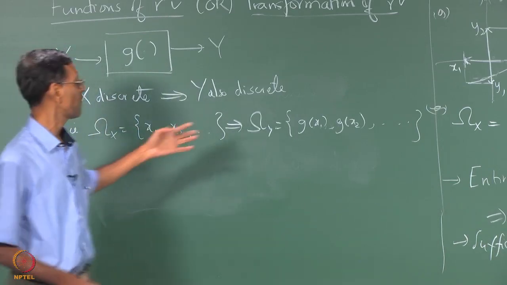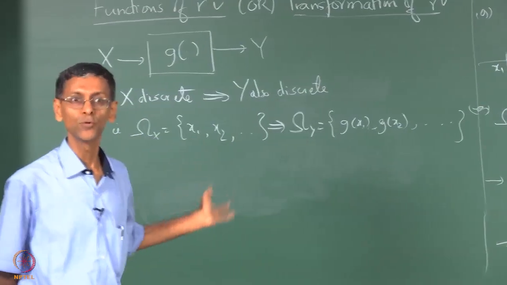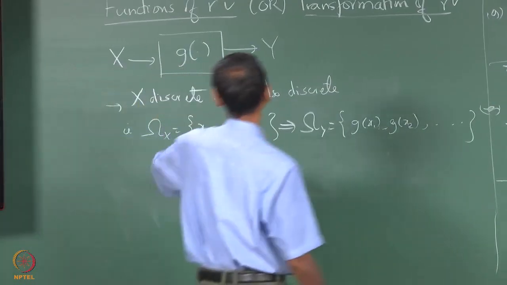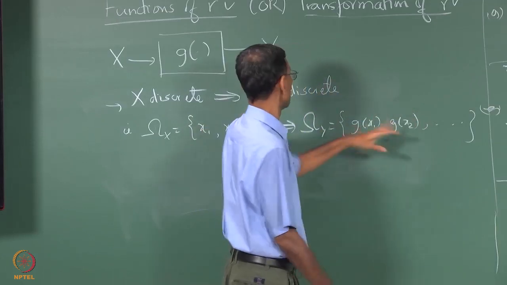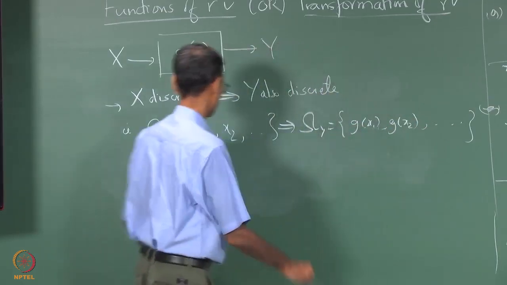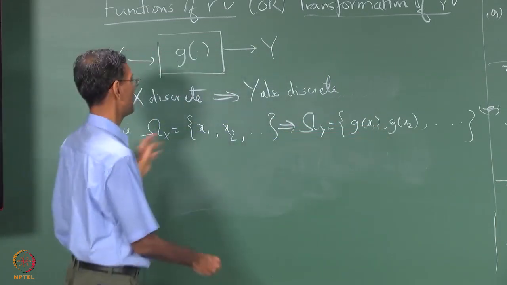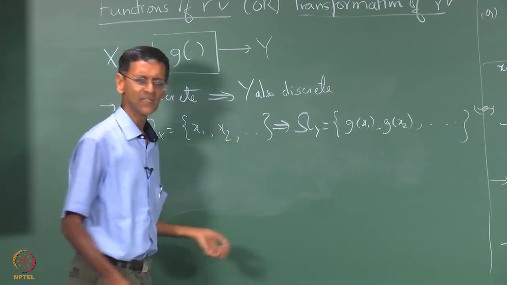Why? Because the PMF of y is extremely easily written down. You should be able to do it at this point. Supposing g is such that for any xi there is only one value g of xi. What do you call such functions?